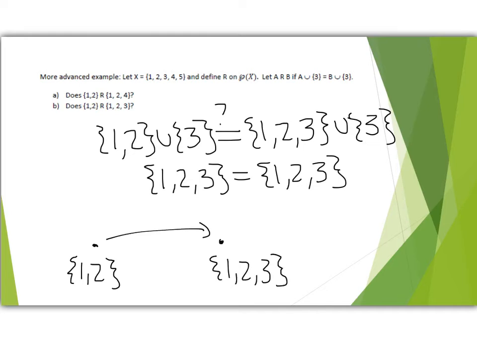And actually, if A union {3} equals B union {3}, then B union {3} equals A union {3}, and so I have my symmetry condition too. So {1, 2, 3} is also going to relate to {1, 2}. And if I think about it for another minute, I can probably convince myself that A union {3} equals A union {3} no matter what A is. And as such, I should be able to convince myself that this relation is reflexive.